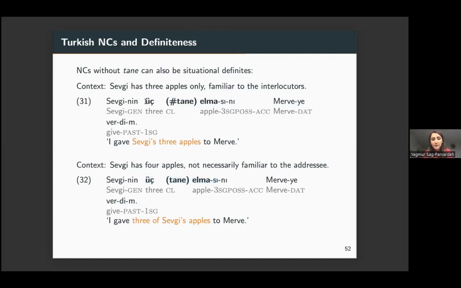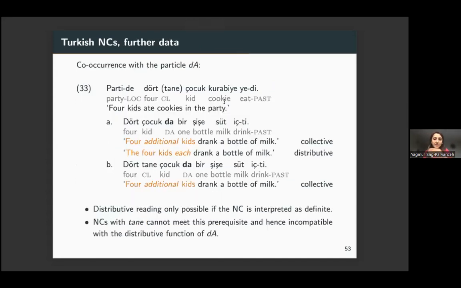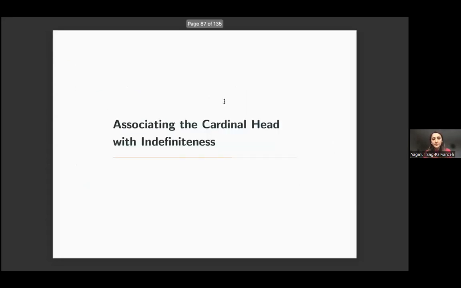I'm sorry, I think I skipped it. In 31, we would not be able to refer to the unique 3 apples that Sevgi has by using Tane. It forces an indefinite interpretation there. Okay, there's one more example and one more diagnostic here that I'm going to skip for now.